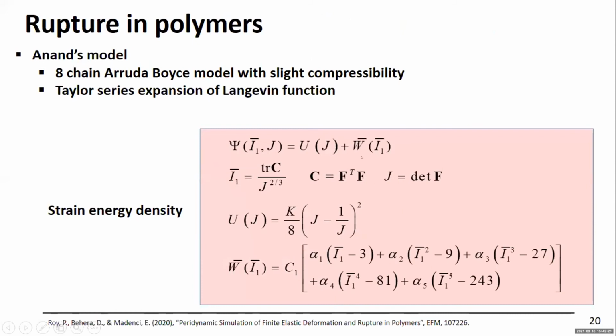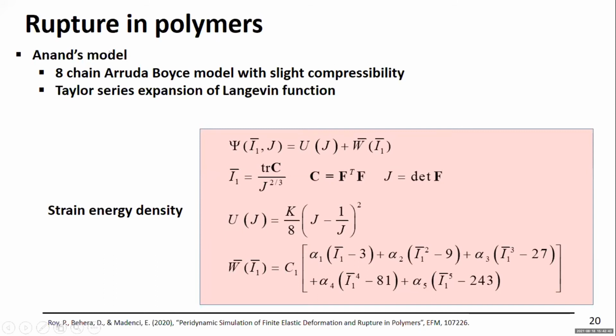The first one is rupture in polymers. So we're going to use this particular strain energy density function here, the isochoric part, the dilatational part. And so that's our strain energy density function. And I'm going to use the Taylor series expansion of the Langevin function here. And this has a slight compressibility.